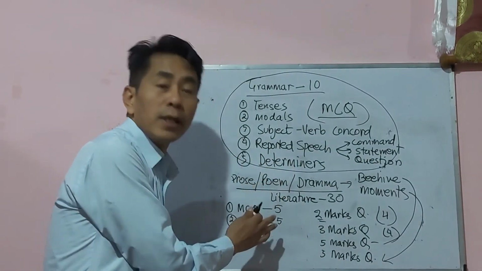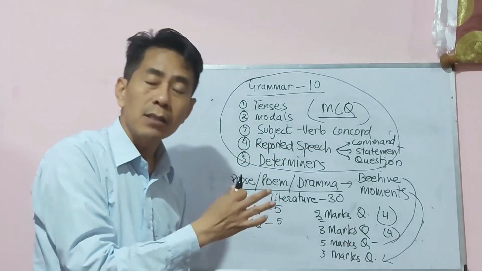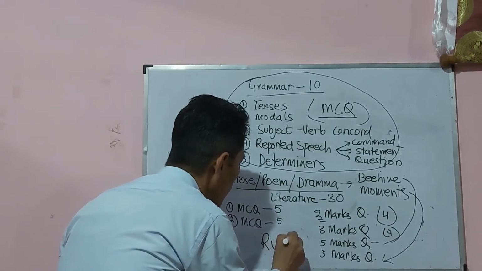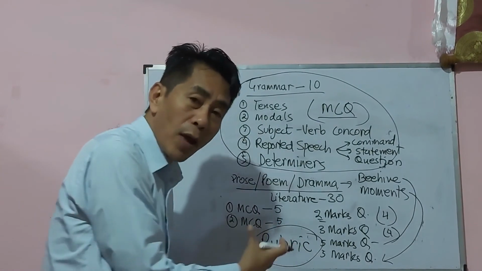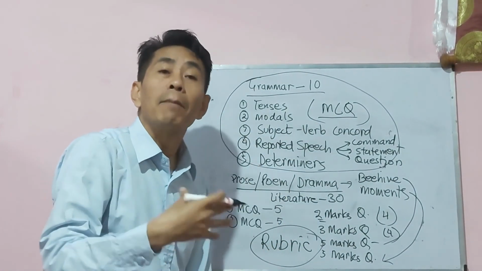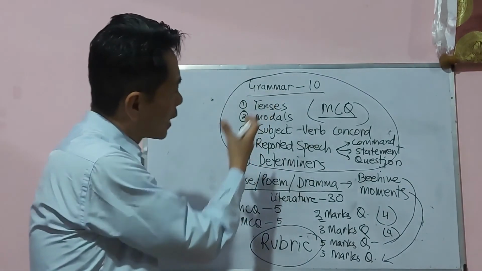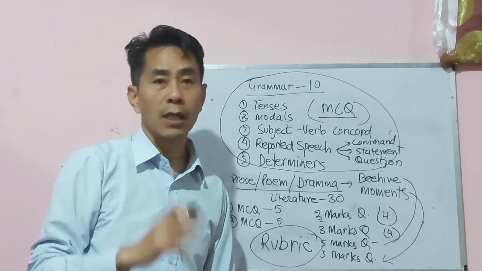So students, it's very important for you to know the different types of questions, and you can also say the rubric. If you know the rubric, where the marks will be allotted, accordingly you can prepare for the examination. Understood? So I've already given you a brief tour of the new syllabus.